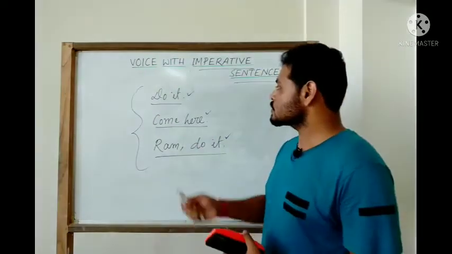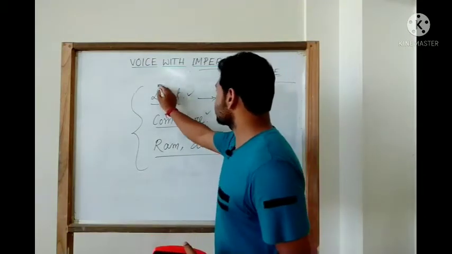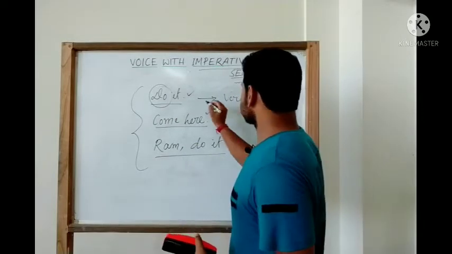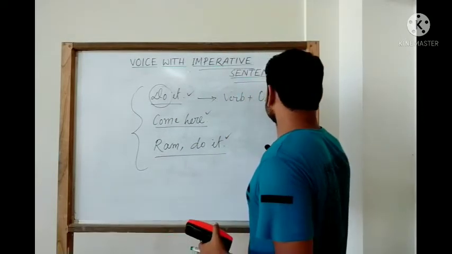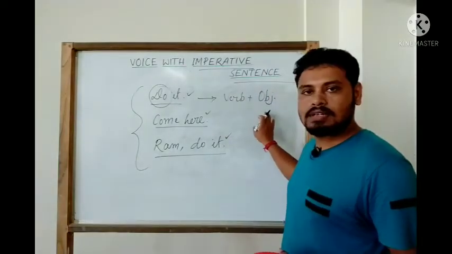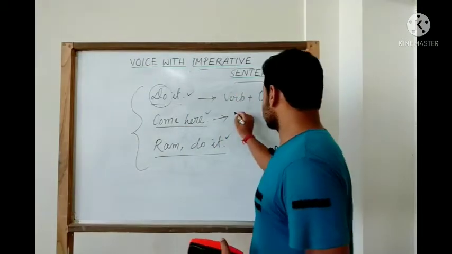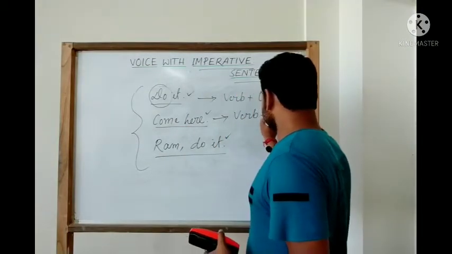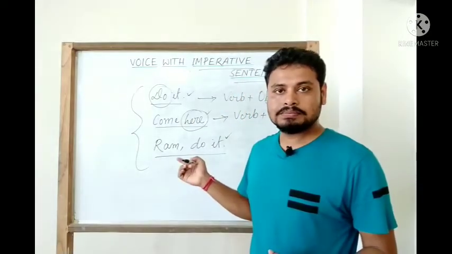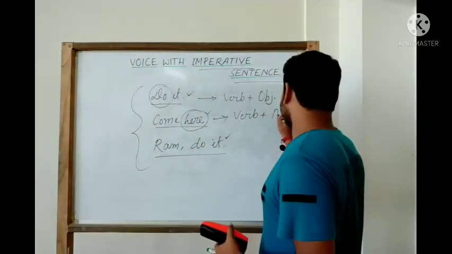The first one, let us talk. This one is do it. So you see here we have a verb plus object. The first one is a verb and an object. The second one, come here, has a verb here. Whether this one is an object here, it's actually an adverb.